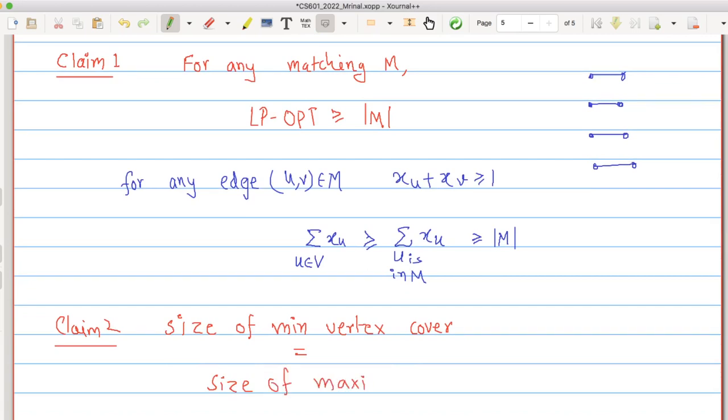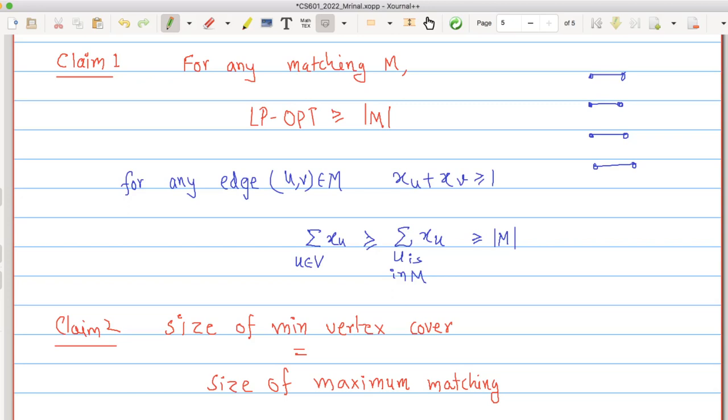I believe you have already seen the connection of matching with max flow, and the connection of minimum vertex cover with min cut, in the case of bipartite graphs. If you use those connections and the max flow min cut theorem, you can prove that the size of the minimum vertex cover is exactly equal to the size of the maximum matching, right?